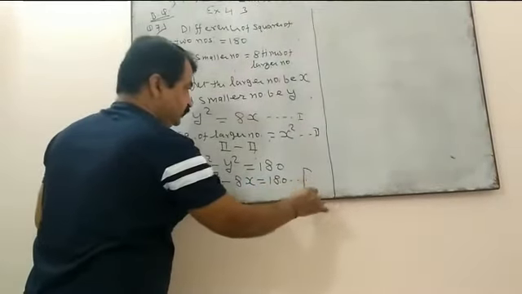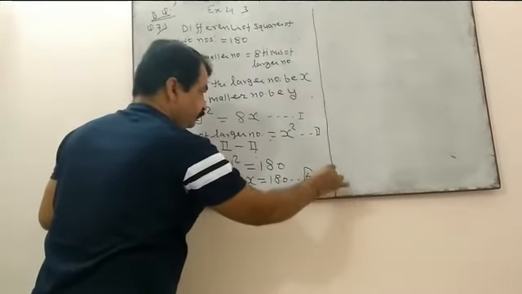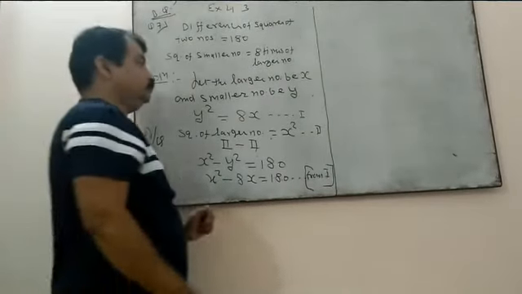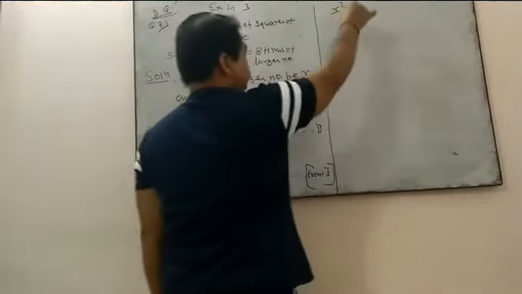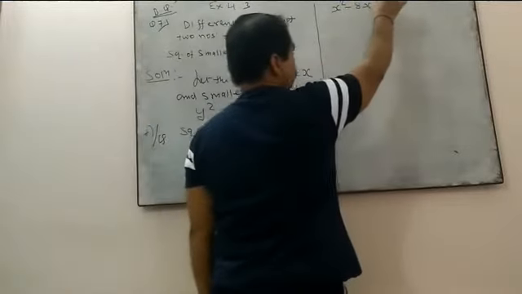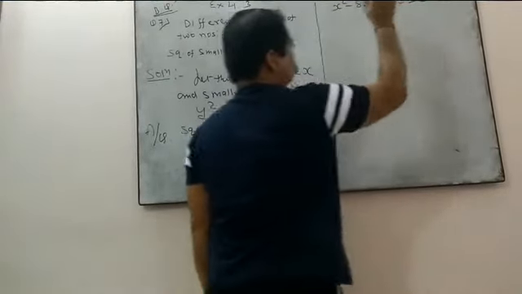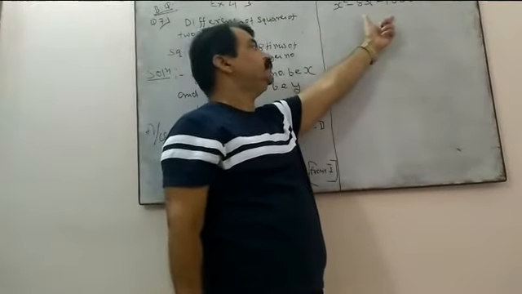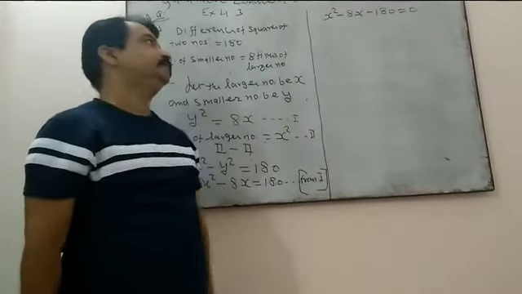You can write the reason also, so you cannot forget it in future. From 1 we got this. Clear? Now, x square minus 8x minus 180 equal to 0. So see children, this is our standard form of the quadratic equation for the given statement.